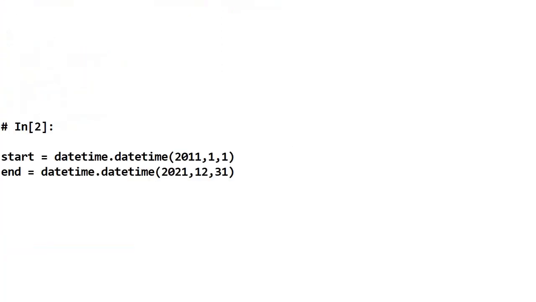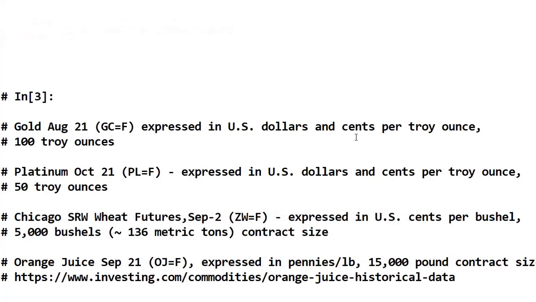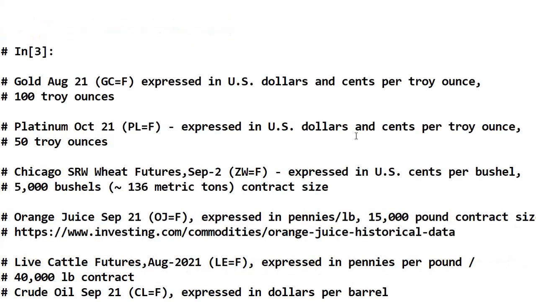In this window, I am defining the start date and the end date for the data that I'm going to grab. So I am defining January 1st, 2011, and then it's going to go to the end of 2021. Now my next window, window 3, is purely descriptive.